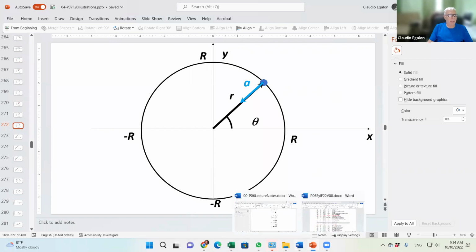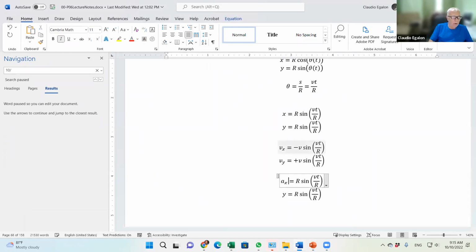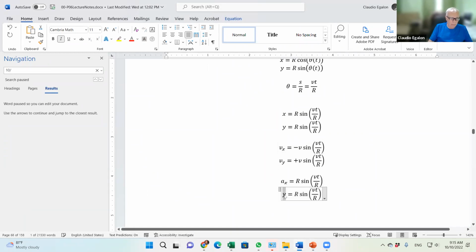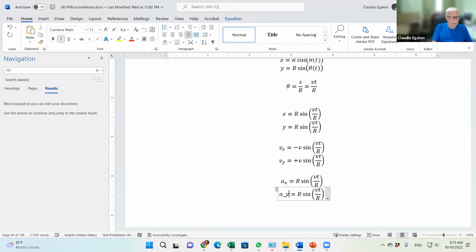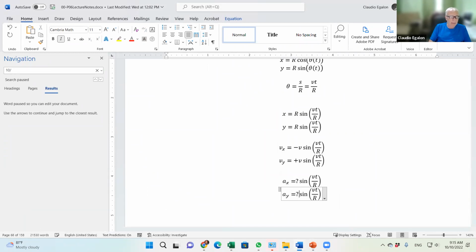we can take this as a guide for the x and y components of the acceleration, right? The only thing that we do not know is the term that's going to multiply it.